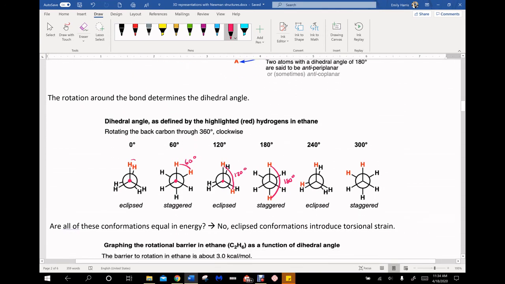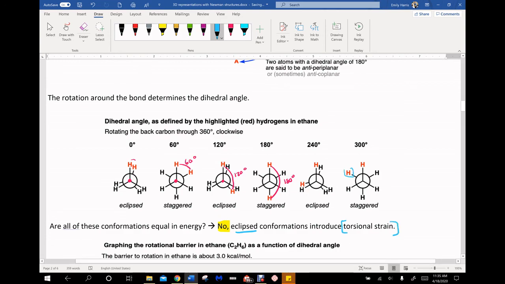And so we may ask, are all of these different orientations equal in energy? And the answer to that is no. What happens when you have an eclipsed conformation, where all the groups line up and overlap, is it introduces something that's called torsional strain.